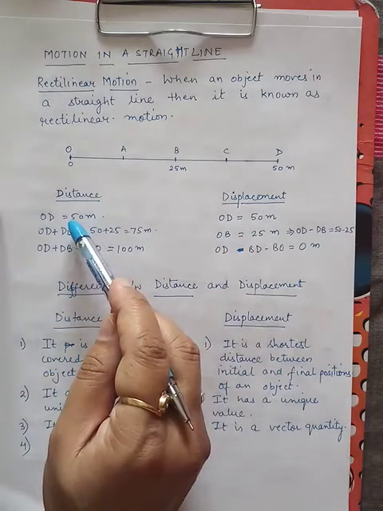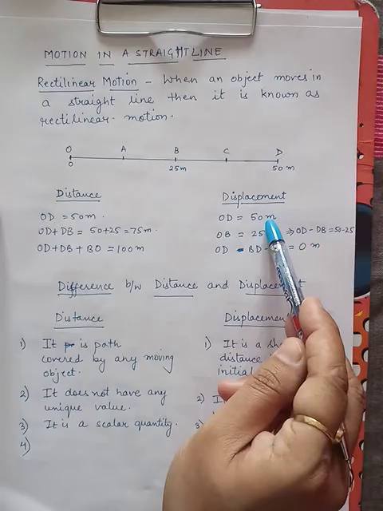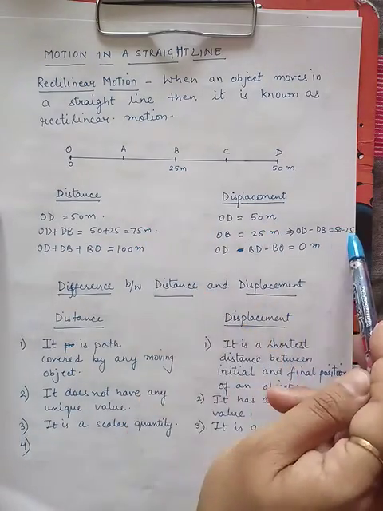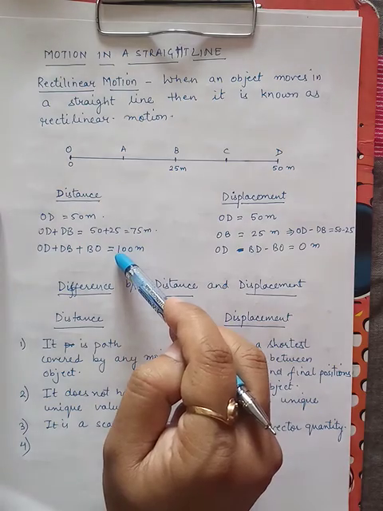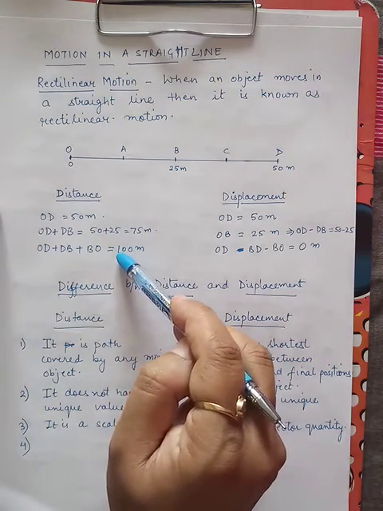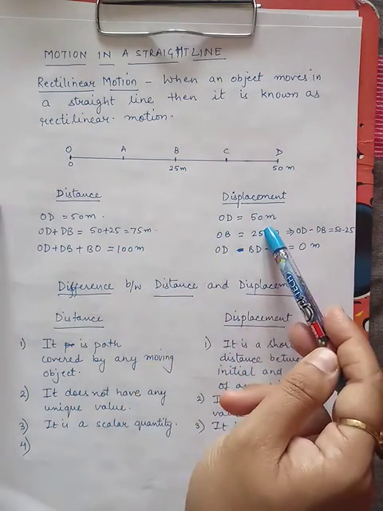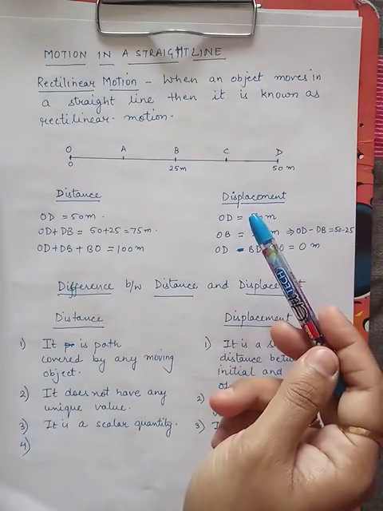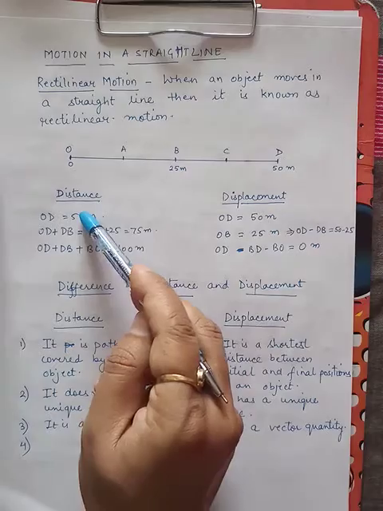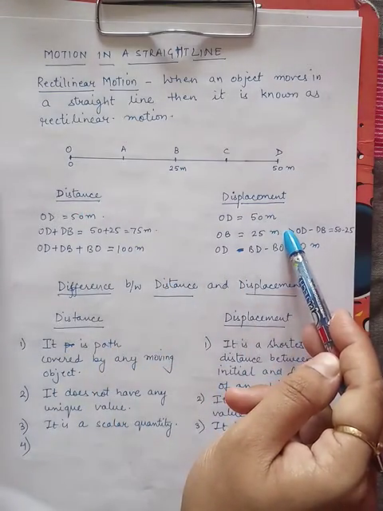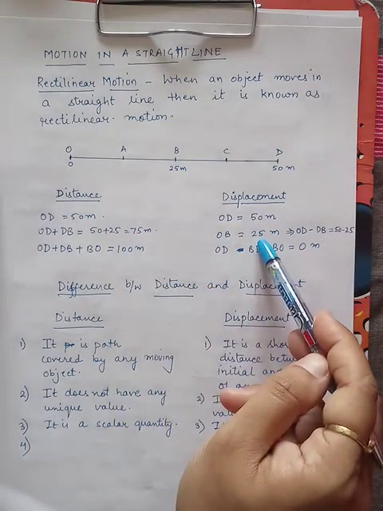Distance is either equal to displacement or always greater than displacement. For displacement, we can say it is always either equal to or less than distance.